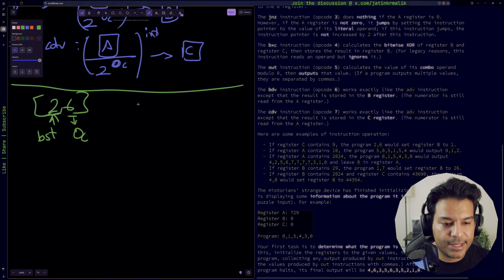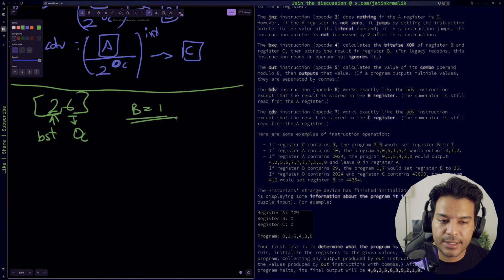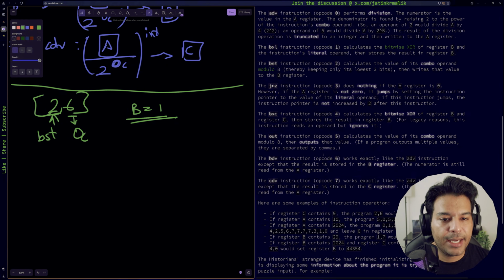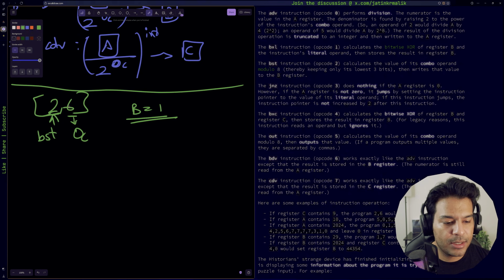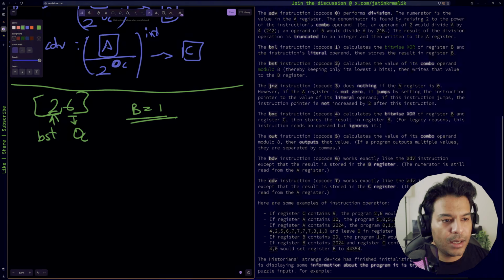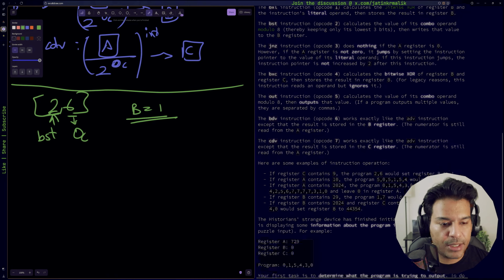It is telling us that if register C contains 9, the program would set register B to 1. In this case, BST, because we are doing the combo operand modulo 8. So we did 6 modulus. So if register C contains 9, we will do a combo operand modulo 8, keeping only its lowest 3 bits, and write that value into B register.